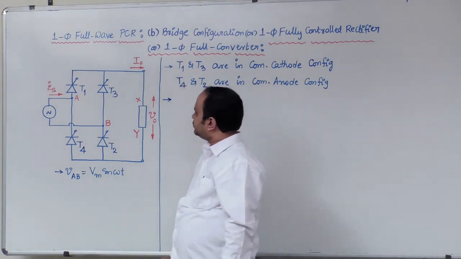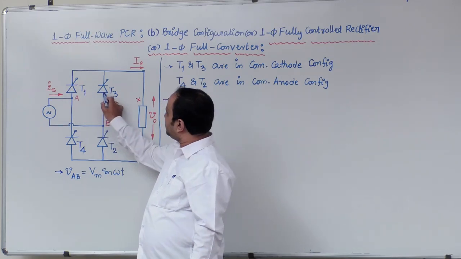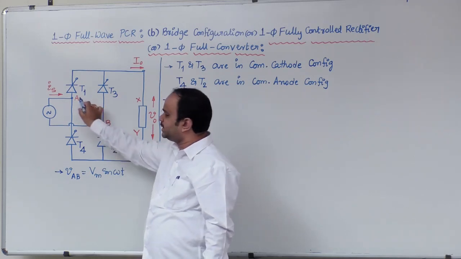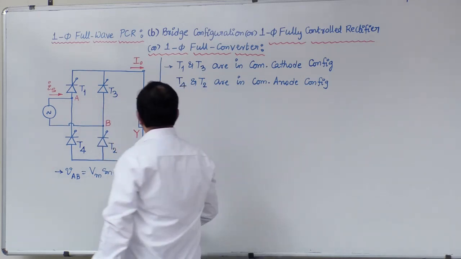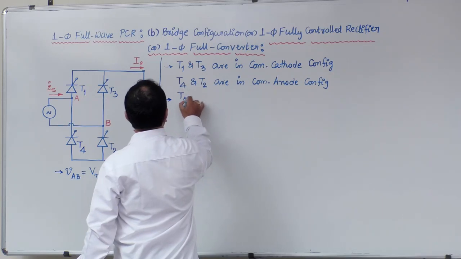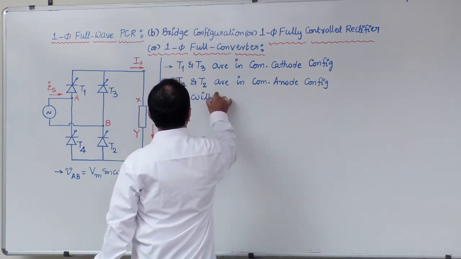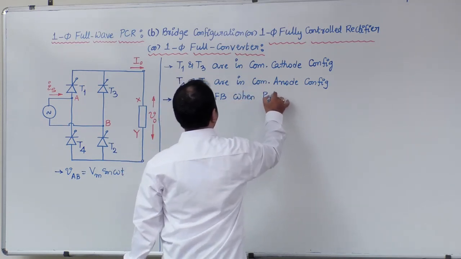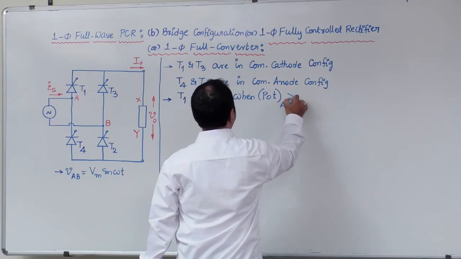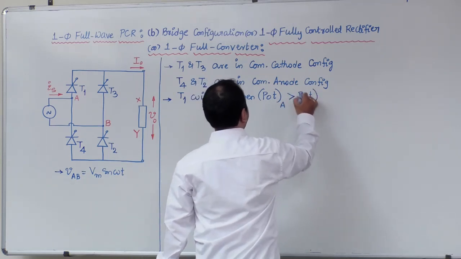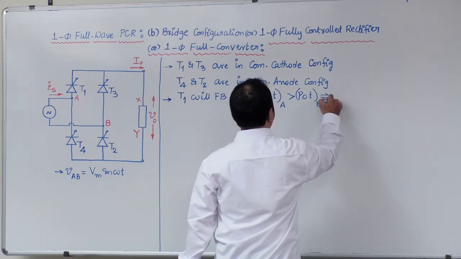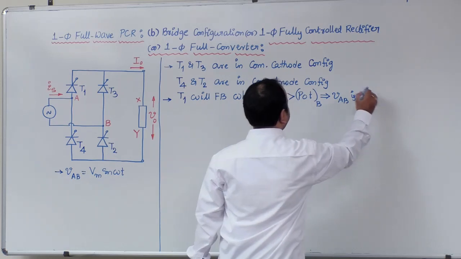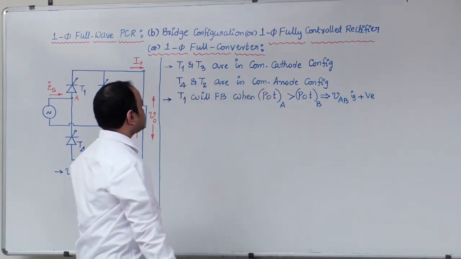By using that, T1 and T3 devices are connected to two terminals A and B. Therefore, T1 will forward bias when potential at terminal A is greater than potential at terminal B. That means A to B voltage is positive.